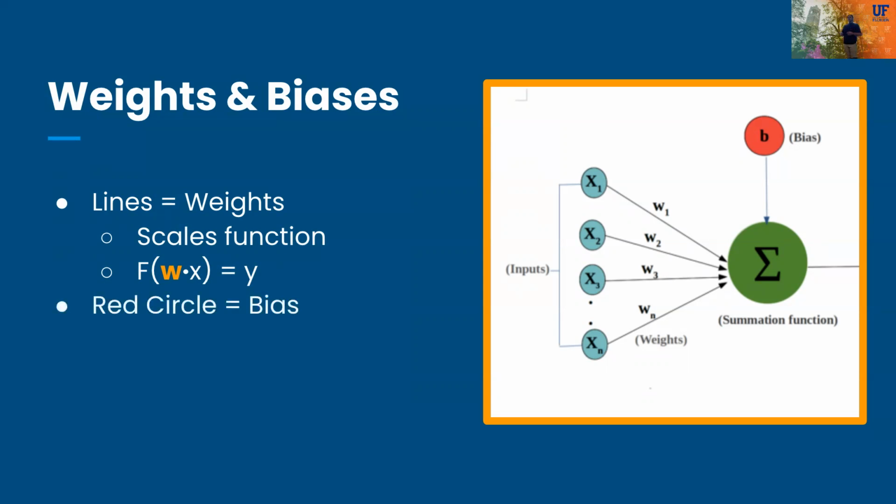The red circle is the bias. The bias is also trained. This helps shift the function left and right so it can fit your data. Now to put it all together, we have this function with the weights W and the bias B that produce an output Y. Does that make sense to everybody?